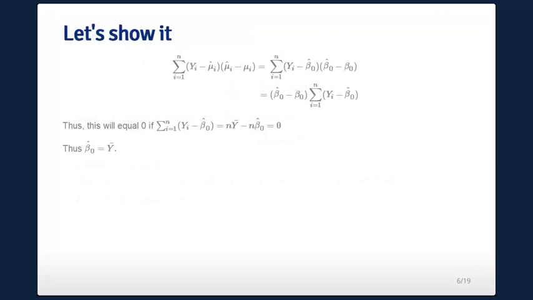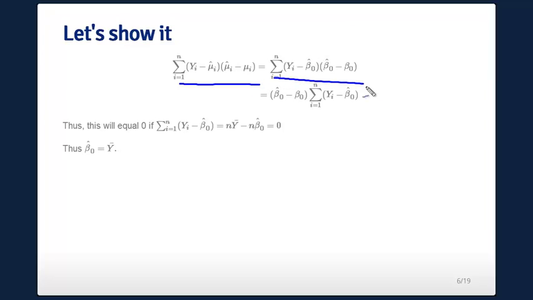But let's show it again, just to remind us. We worked it out in the previous lecture, but why don't we just show that it meets that criteria? So here's the criteria that we said has to be equal to 0 to get the regression line. Let's plug in our beta naught hat.